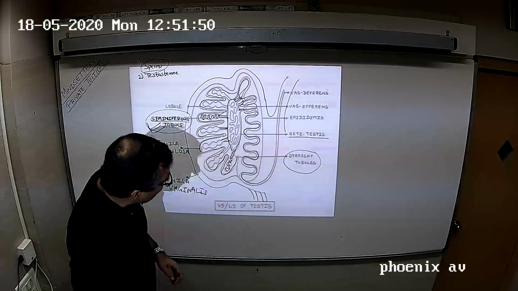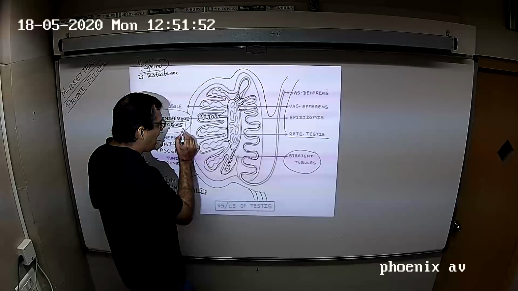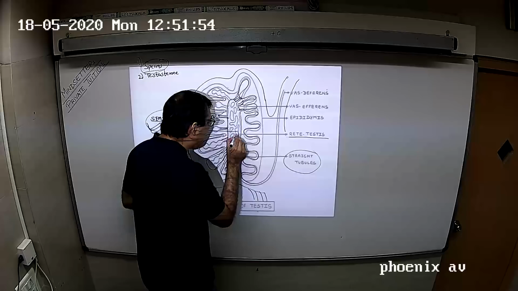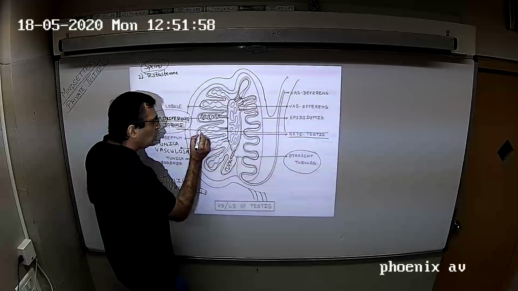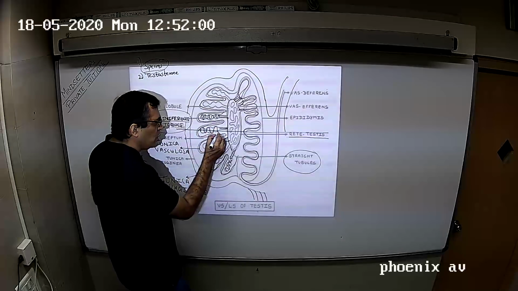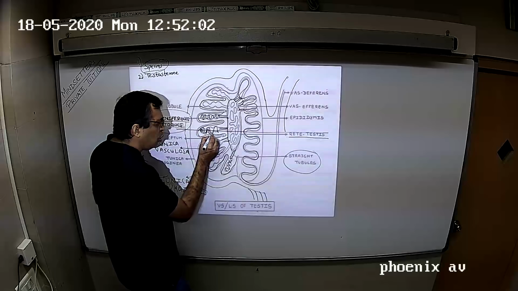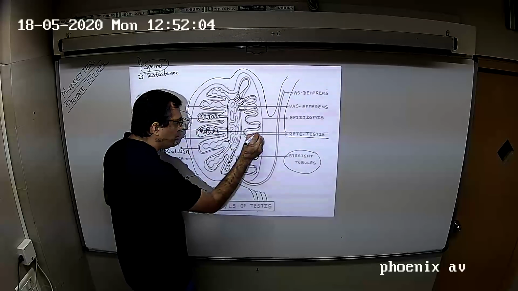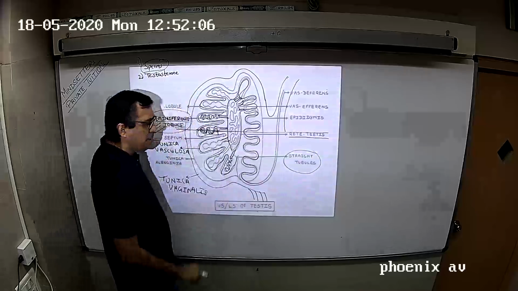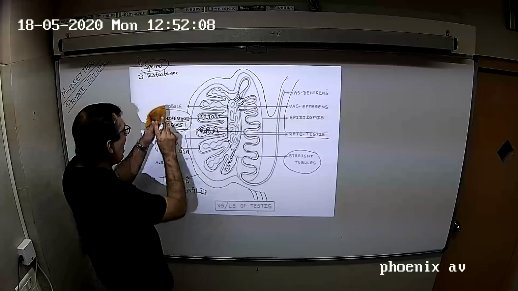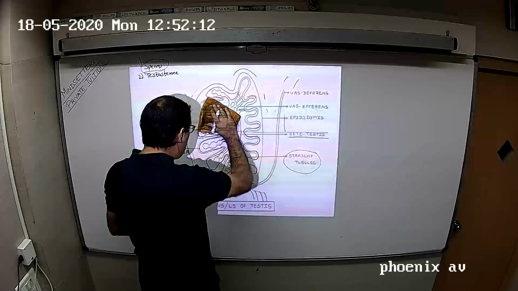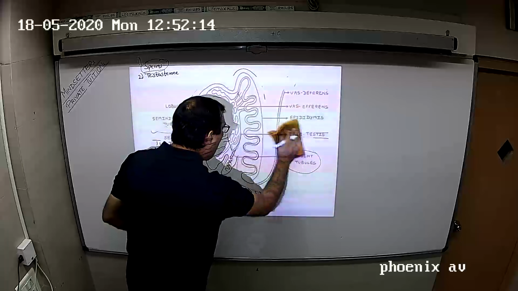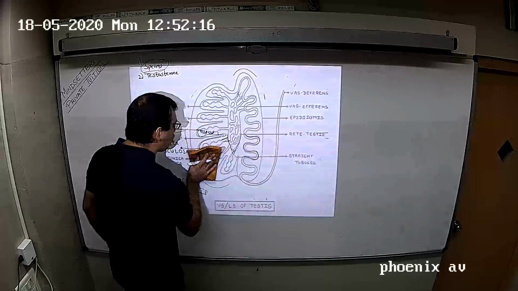Suppose I take a transverse section cutting through one of the seminiferous tubules. So, this is the seminiferous tubule, and I cut through it and put it under the microscope.